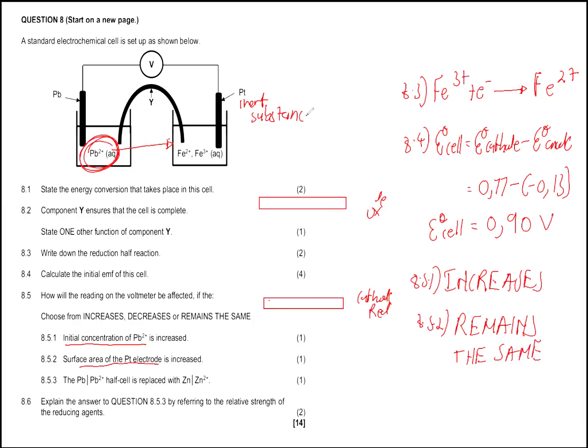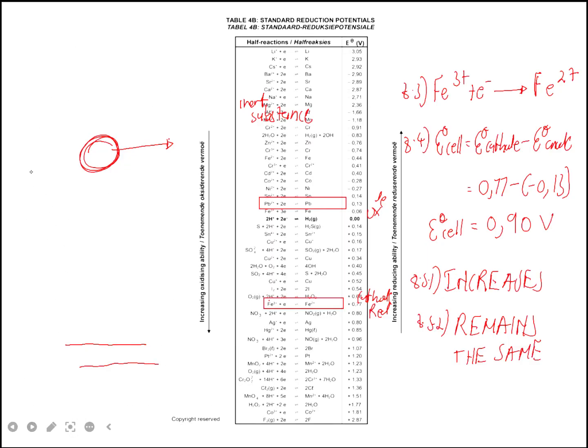This is an inert substance. It shouldn't be actively involved. The Pb2+ half cell is now replaced with this, right? So what will happen to the voltmeter reading? Let's check now. So it's about looking at the distance now. So we are now replacing that with this.